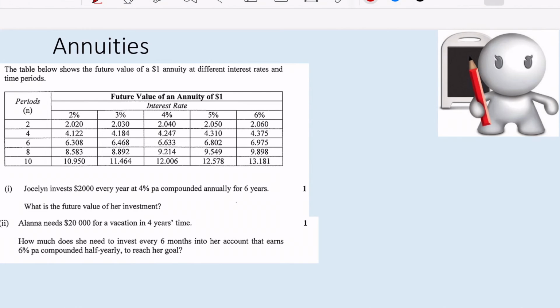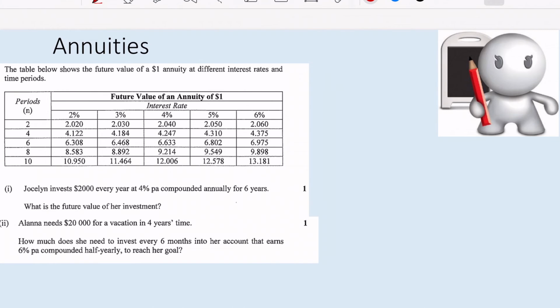The table below shows the future value of a dollar annuity at different interest rates and time periods. So if I had $1, okay, that's how much $1 would grow at all of these different interest rates over these different time periods. Okay, and if I was investing that dollar repeatedly, so that's the most important thing as well.